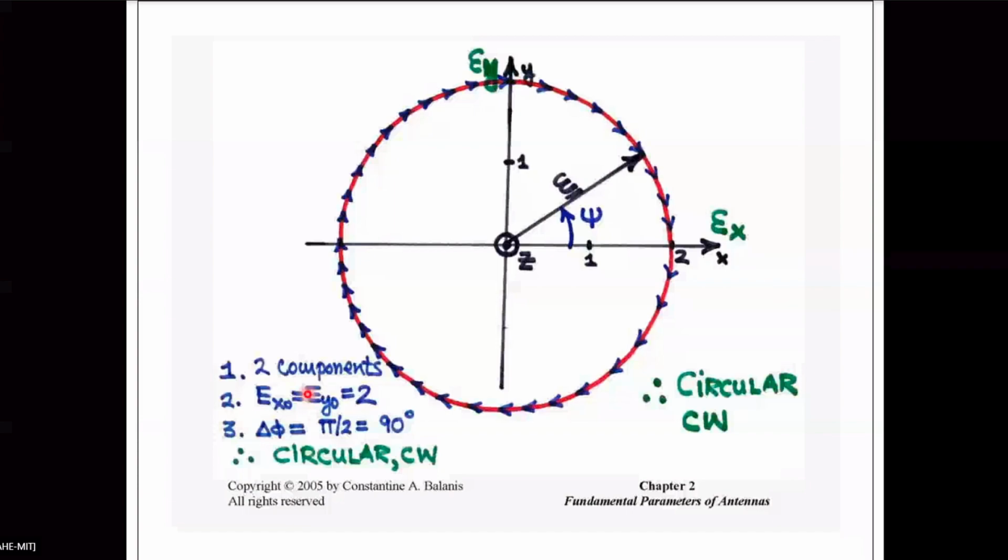When does it happen? When Ex naught is equal to Ey naught, and delta phi, the phase between the electric field X component and Y component, is 90 degrees. If it is plus 90, it may give clockwise, and if it is minus 90, it may give counterclockwise. Elliptical polarization will happen when Ex naught and Ey naught are not the same. In that case, it has to be like an ellipse.